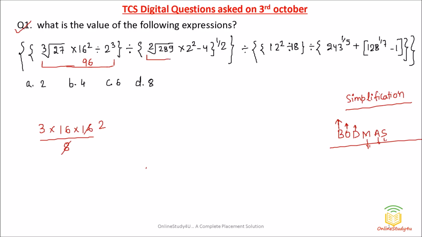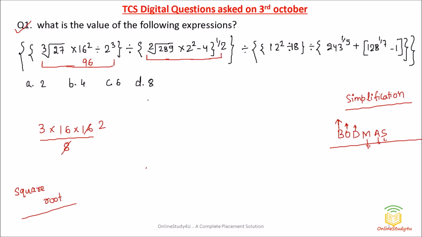Then friends, you will see a square root of 289. In the beginning I told you to remember square roots and cube roots. This will be very helpful when you are doing the problems and want to do them very fast.